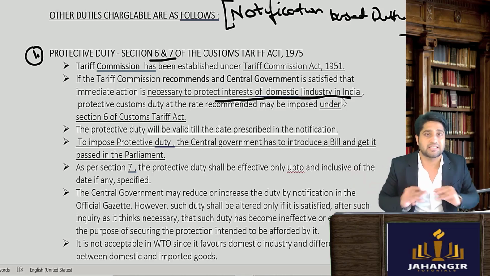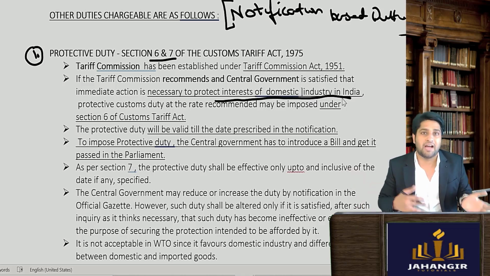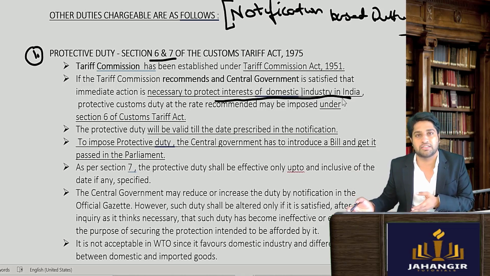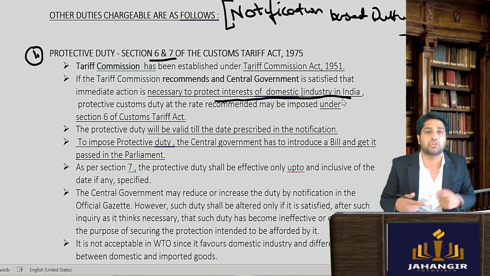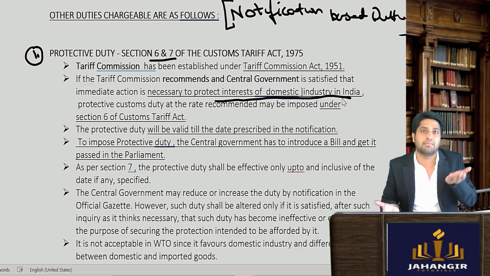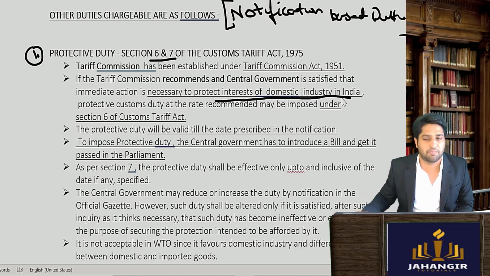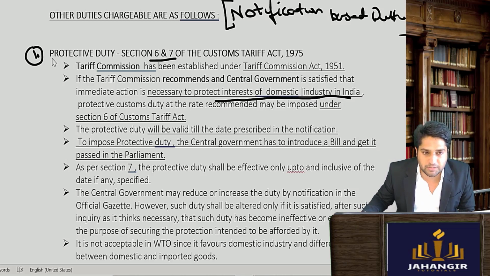Free trade doesn't exist. Countries have preferences towards their domestic suppliers or domestic dealers as well. Whenever they feel that we are getting disadvantaged, we will quickly issue these kinds of duties and try to get them at par so that our domestic suppliers sustain in the market. Okay, so it is called protective duty.